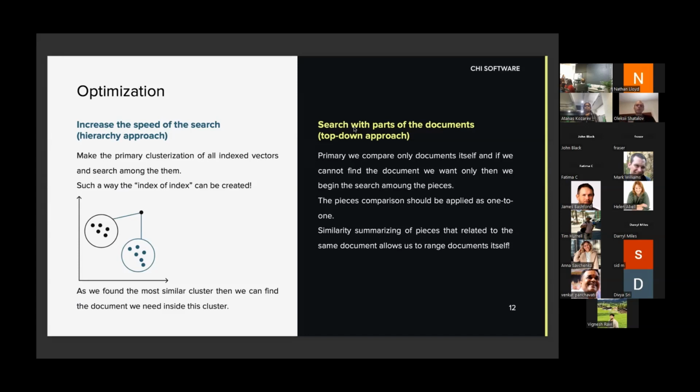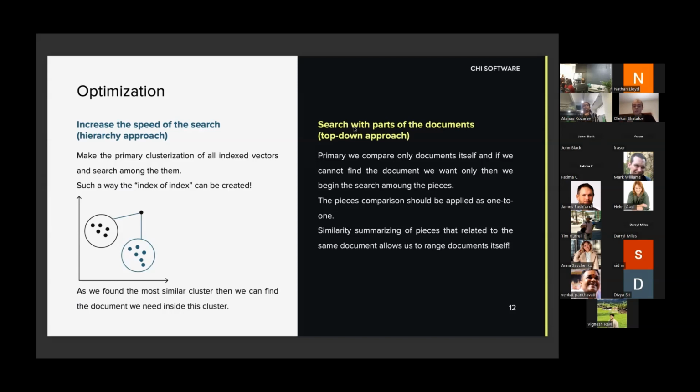Firstly, by the query, the input document, we will find the centroids of this clusterization, making some hierarchy, and then from the nearest centroids, we will perform the search in these clusters by measuring the distance for each of the documents only in the nearest clusters.